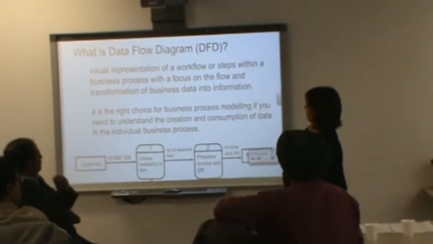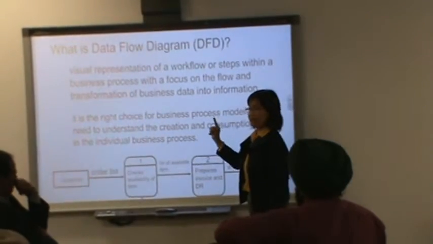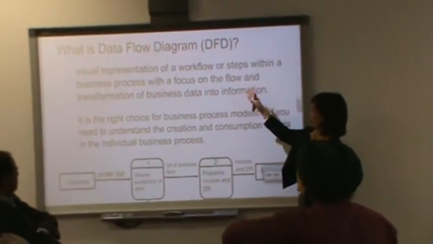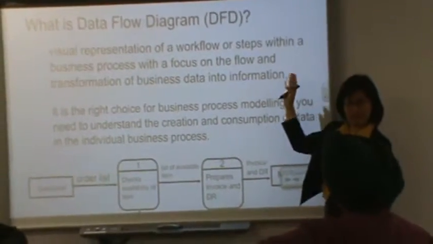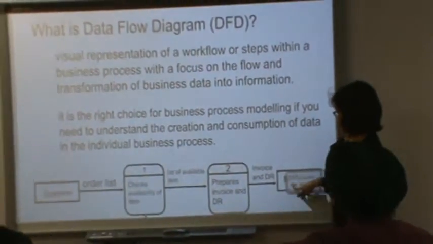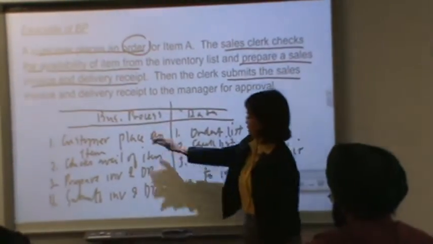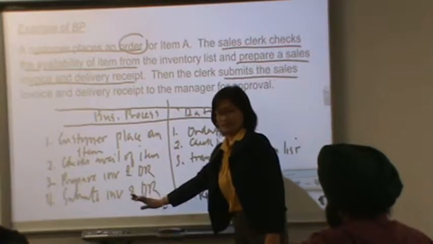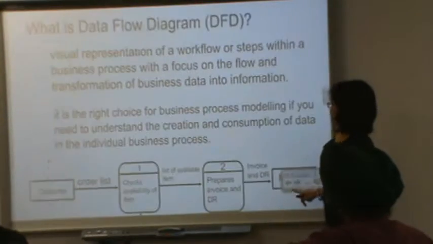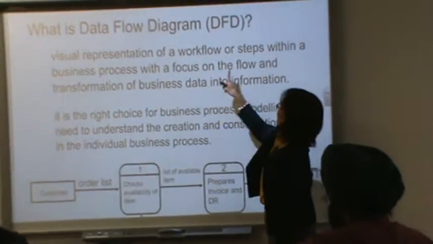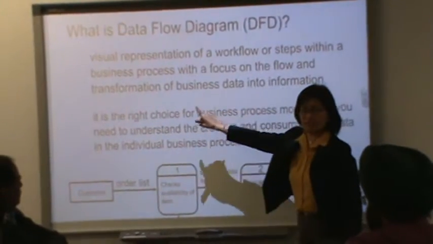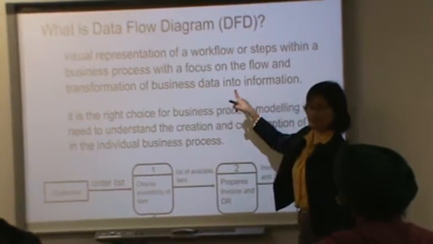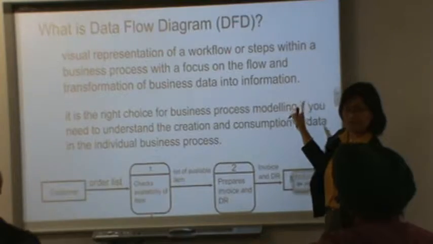Okay? A data flow diagram is a visual representation of the workflow or steps within a process. It will display the flow and transformation of business data into useful information.